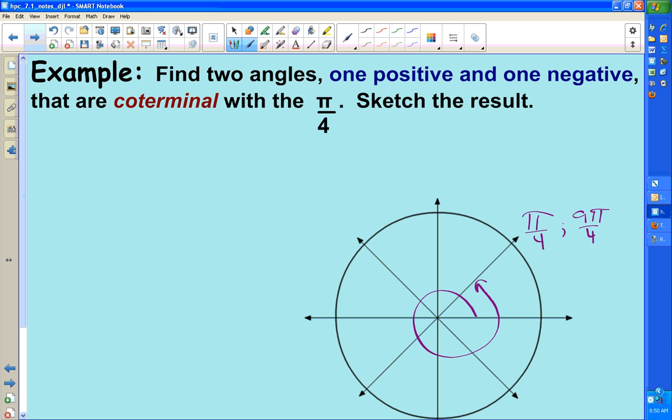Negative 7 pi over 4. Okay? How do you get it? Minus 2 pi from pi over 4 is going to be minus 8 pi over 4, or negative 7 pi over 4. The angle would look like this.